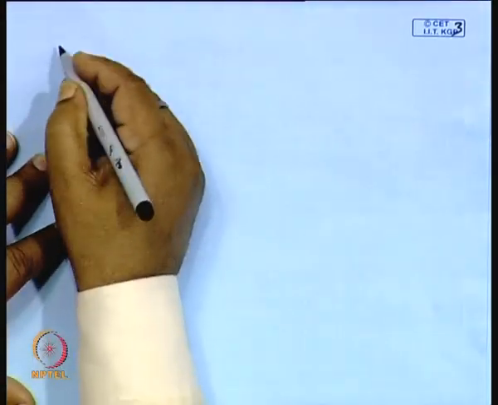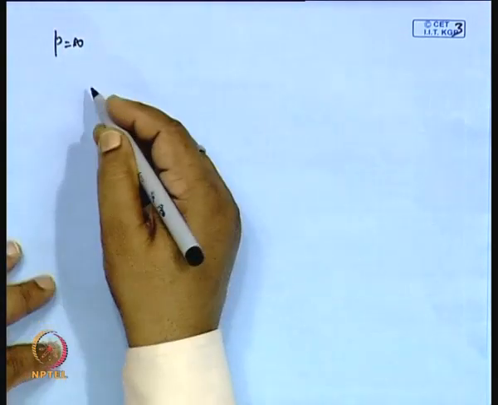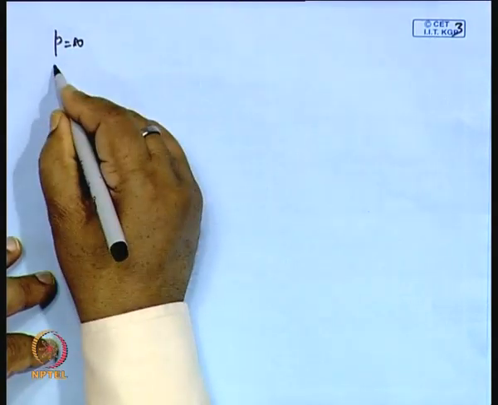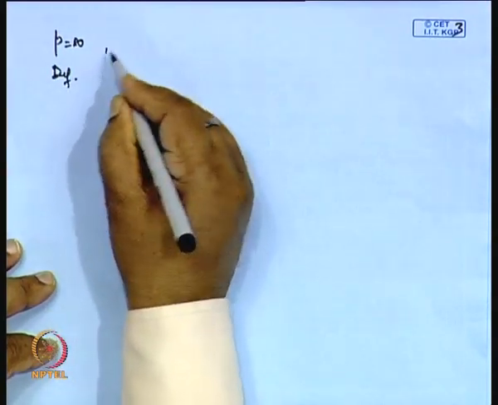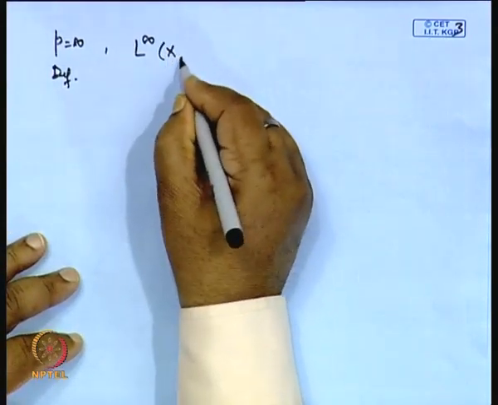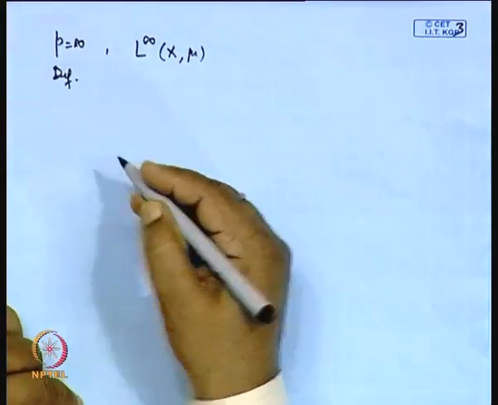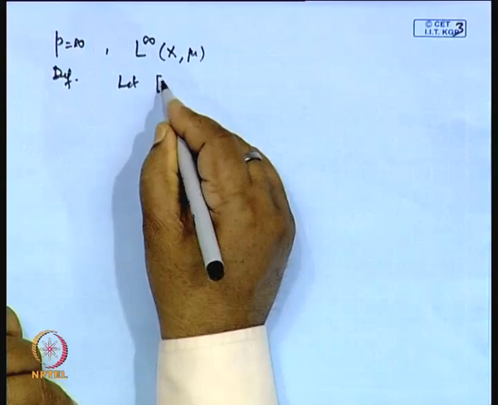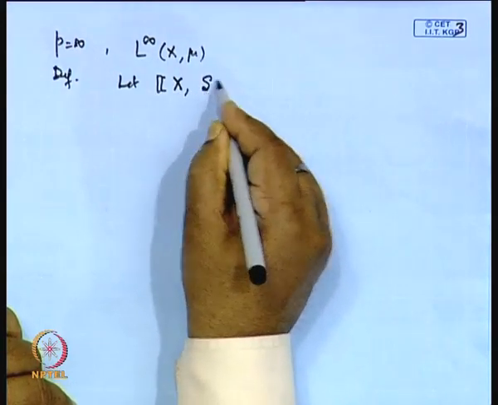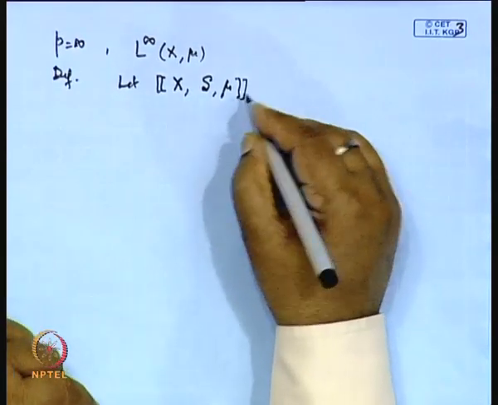Now, similarly, when p is infinity, we introduce the concept of L^∞(X, μ). We define L^∞(X, μ), or simply L^∞(μ), as follows: let (X, S, μ) be a measure space.